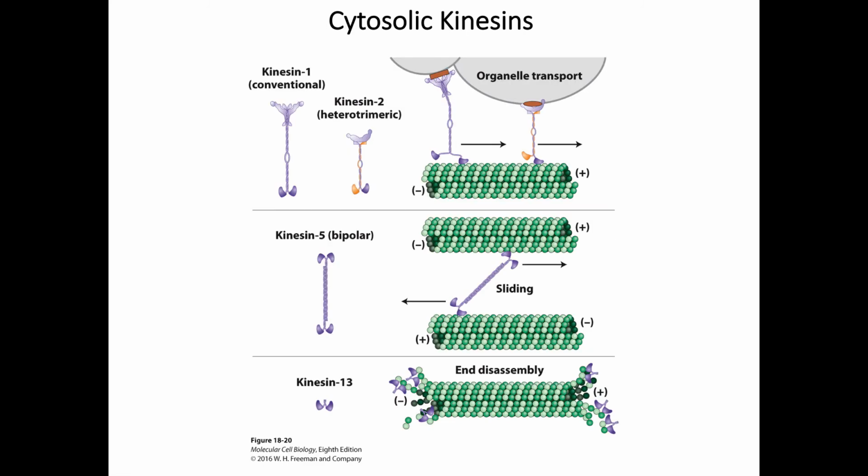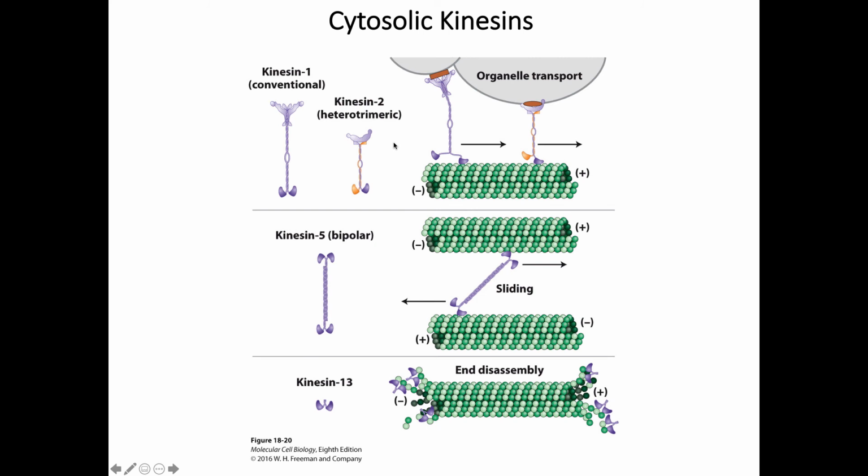So here we are looking at some of the different types of kinesins. First we are looking at kinesin 1, which is a very common one, and we will mainly consider this one. You have these two heads attached to the microtubule, and on the other end, with an adapter, it is bound to an organelle, or it could be a vesicle.